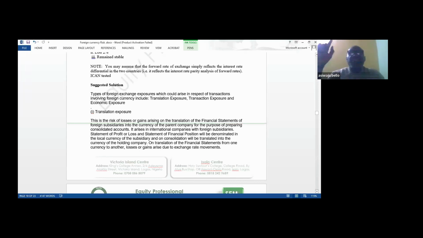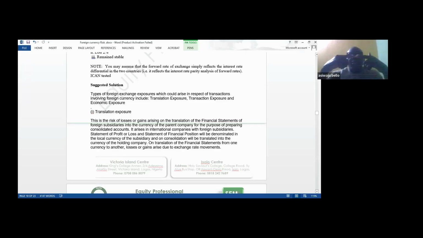This is the risk of losses or gains arising on the translation of the financial statements of foreign subsidiaries.